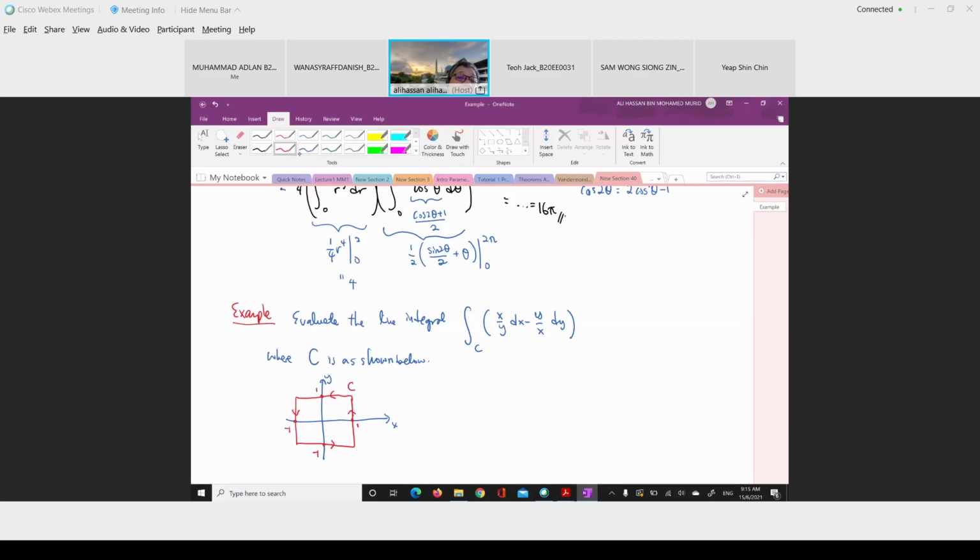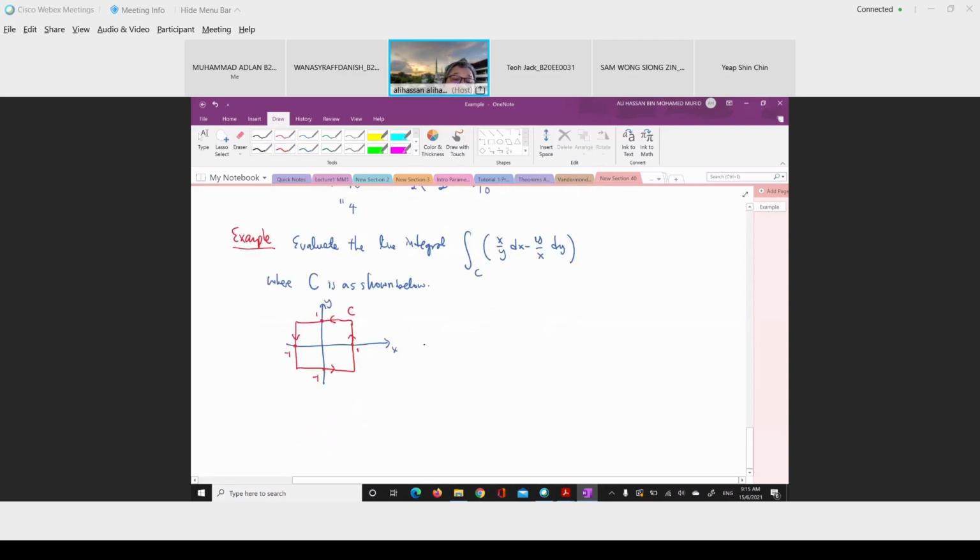What do you think? The old method is the parametrization method, but that takes a lot of work. You have to split C into a join of four curves, C1, C2, C3, C4.